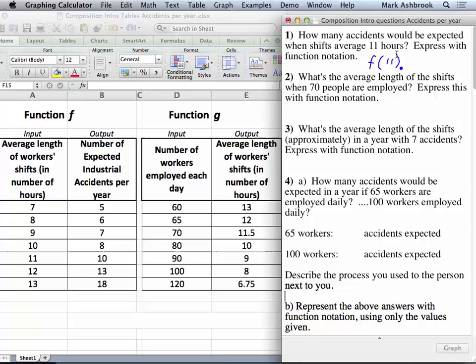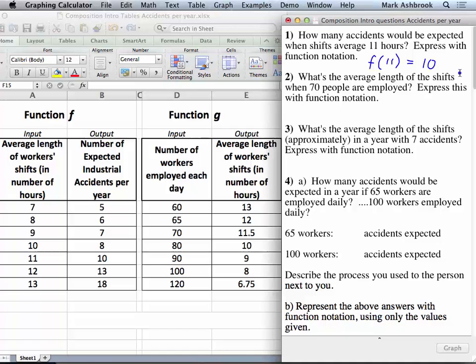Yeah. He wants f of 11, that would represent the number of accidents expected for 11-hour shifts. Is that right? Yeah. And can we know what that value is? Help from Walter. Okay, so f of 11 is the number of expected accidents if the shift length is 11 hours.